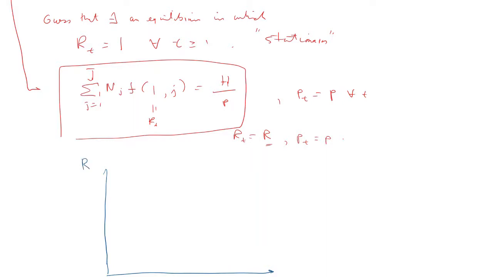And now I'm just going to draw my graph again. I'm going to draw it just like I drew it before. So this is my summation. This is my function, nj f of r. Keep r in there, j. That's my aggregate saving function. It's upward sloping, given the way I've made my preferences.